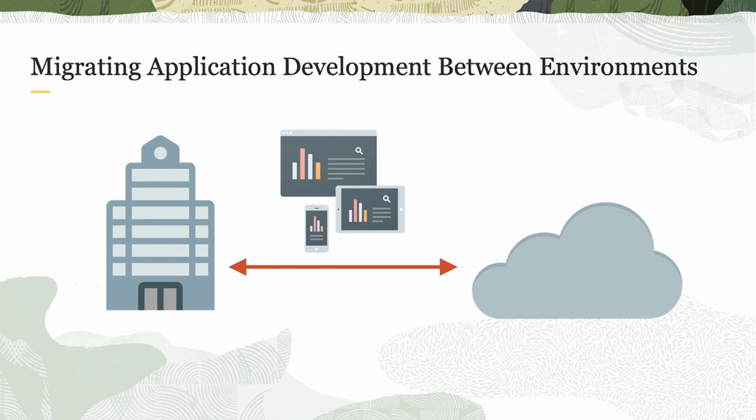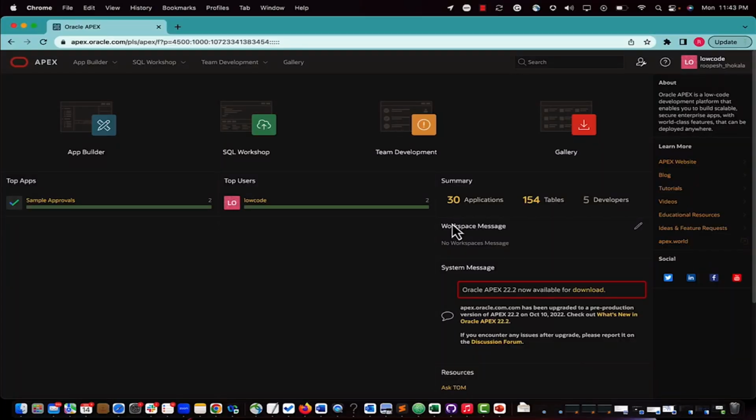Migrating where you do your application development, for example from on-premise to the cloud, is much the same as the steps required for rolling out a new version of your application to test or production. Note that you cannot import an Apex application into an earlier release of Apex. For example, if you are exporting an application from a cloud instance that has Apex 22.2, you cannot import that application into an on-premises instance that is only running on Apex 22.1.